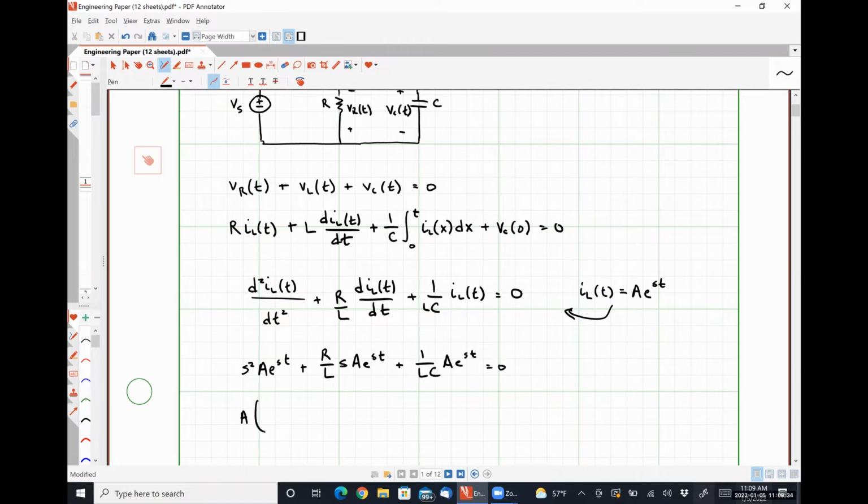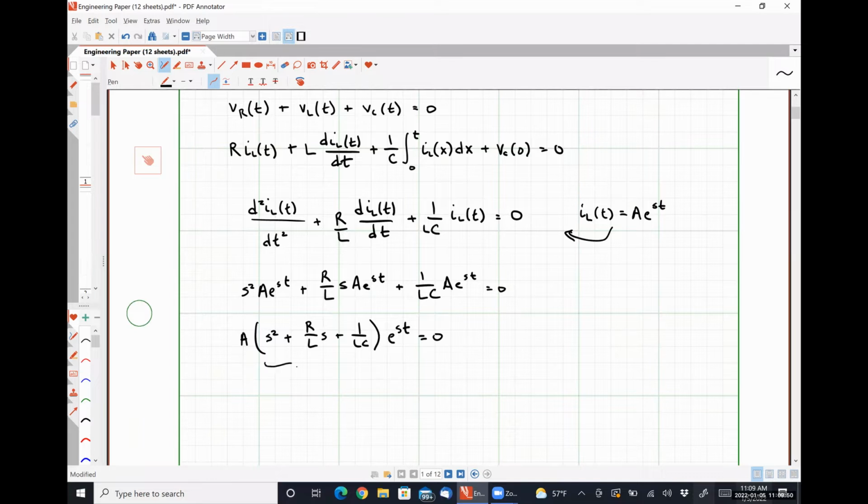Grouping like terms, this is going to look like A times s squared plus R over L times s plus 1 over LC, all multiplied by e to the st is equal to 0.